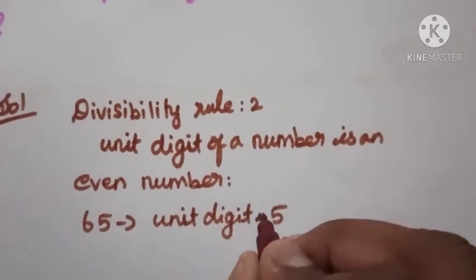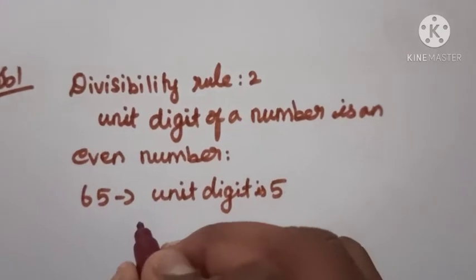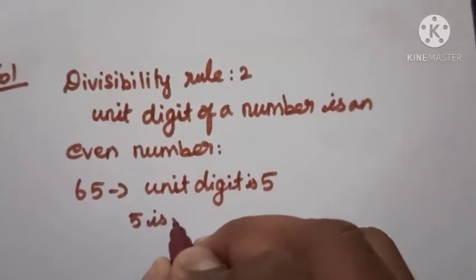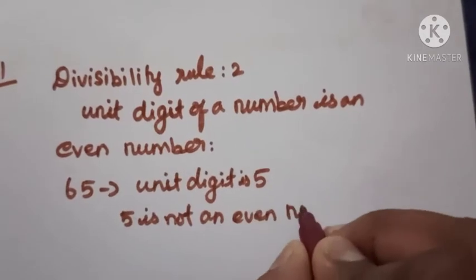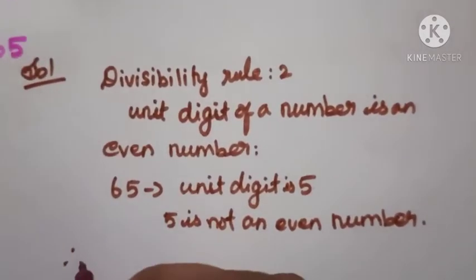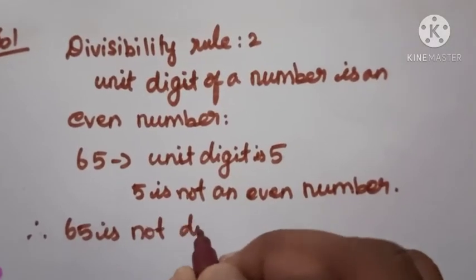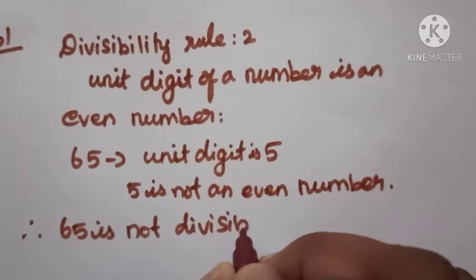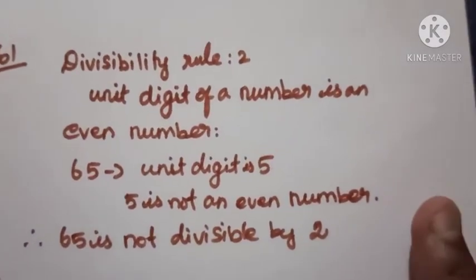So 5 is not an even number. Therefore, 65 is not divisible by 2.